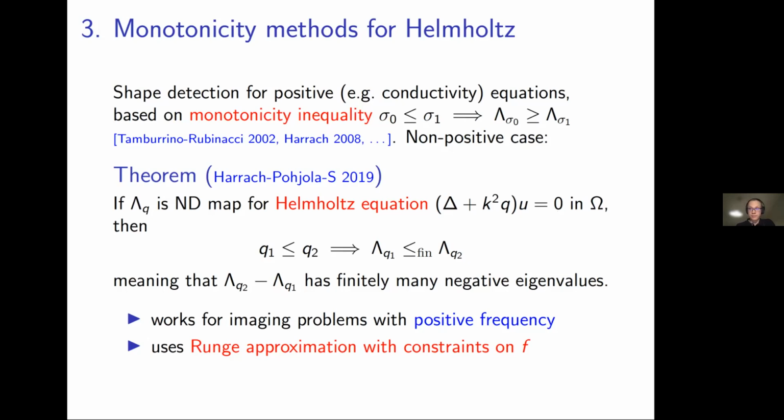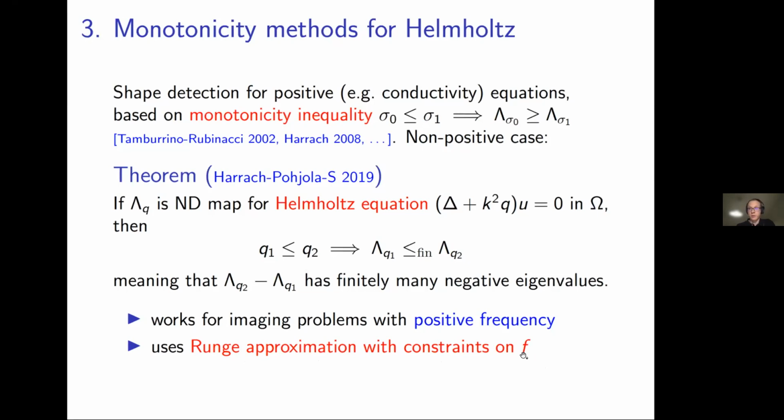Earlier, people had developed shape detection methods based on monotonicity tests, but they only work for these positive equations. And we extended this to the Helmholtz equation or other imaging problems which have a positive frequency. The proof uses, again, the Runge approximation property, but now in the sense that you can put finitely many constraints on the Dirichlet data, and you can still have these solutions which concentrate the energy on some subdomains.